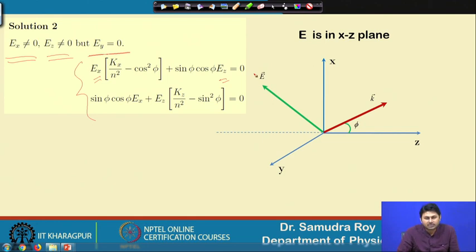With this note, in the next class we will solve this very interesting problem and try to find out whether the E and k vectors, which were so far perpendicular, will be perpendicular or not for solution 2. If it is not perpendicular, then how do we measure the angle between these two?